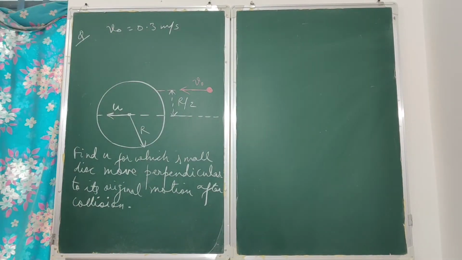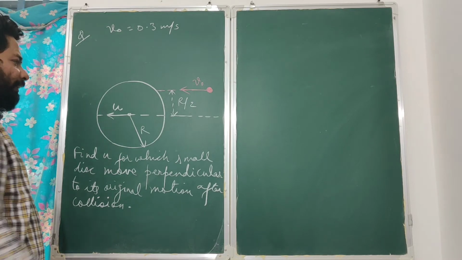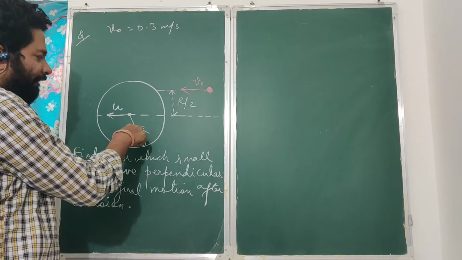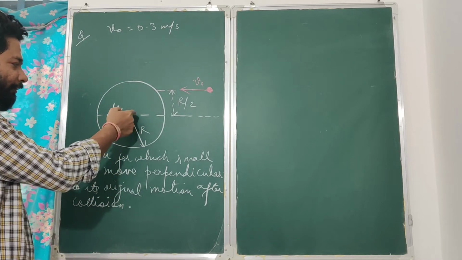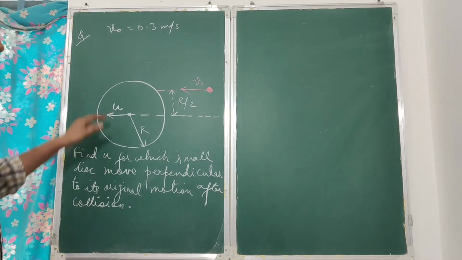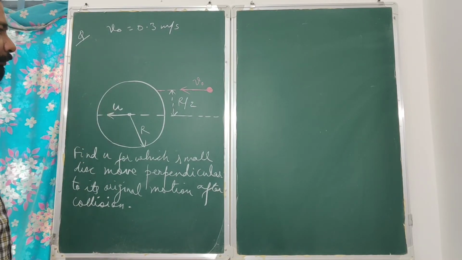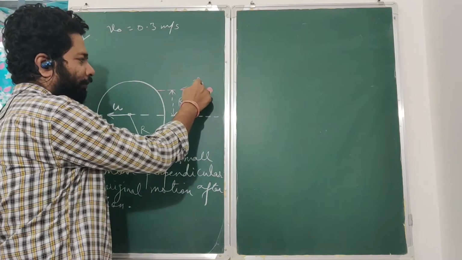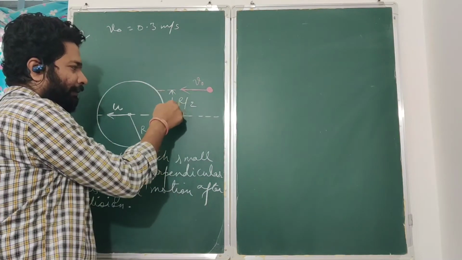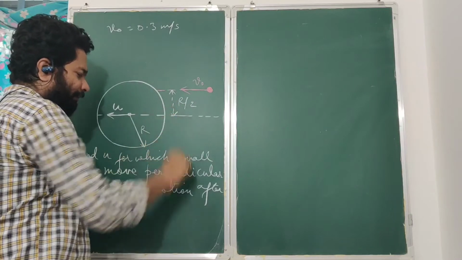Let's take up this problem related with collision. So now you can see there is a massive disk of radius r. It's kept on some horizontal table, and it's moving with some velocity u. There is a small disk which is moving with velocity v0, and it is hitting this disk at a distance r by 2 above the center.